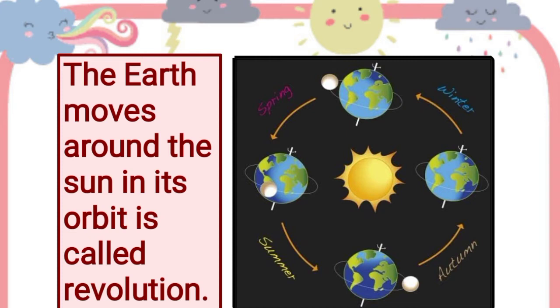It means that it is used when one body moves around another, while rotation is used to mean the movement around an axis. For example, the moon revolves around the earth and the earth revolves around the sun. So this movement of the earth around the sun in a fixed path is called a revolution.